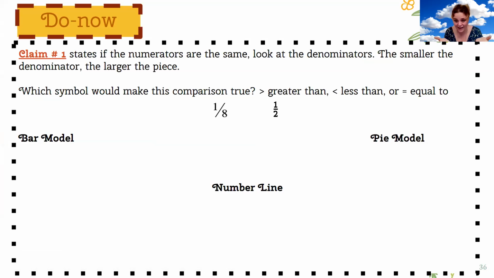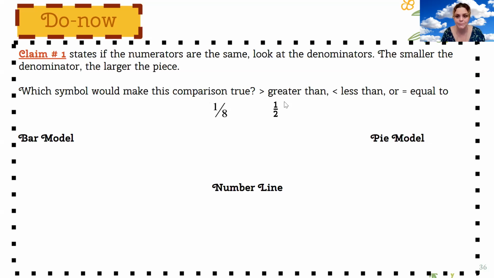All right, so you're back. That means that you're ready to do this work and that you at least have thought about which symbol would make this comparison true, greater than, less than, or equal to. The claim says, if the numerators are the same, so let's look at both of these fractions. If I look at the numerators, I see a 1 in the numerator and a 1 over here.